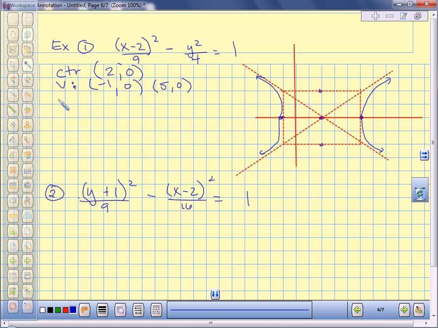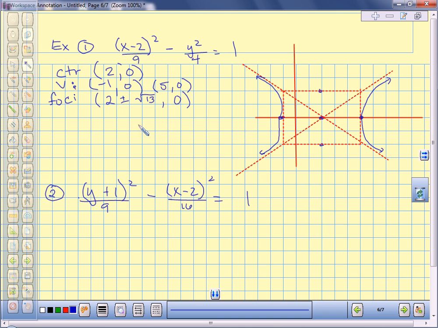So our foci, we're going to add and subtract to our x value from the center. So it's going to be 2 plus or minus something, 0. Now for the hyperbola, c squared is the sum of these two. So 9 plus 4 is 13. So I take the root of that. So it's 2 plus or minus the square root of 13. That gives us our foci.